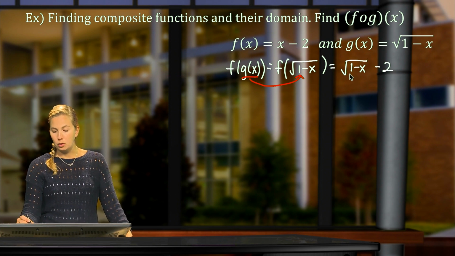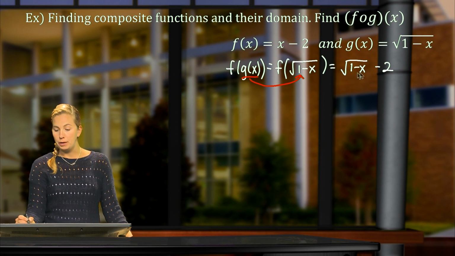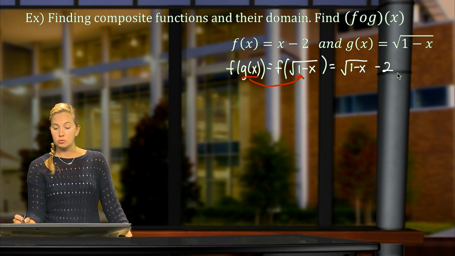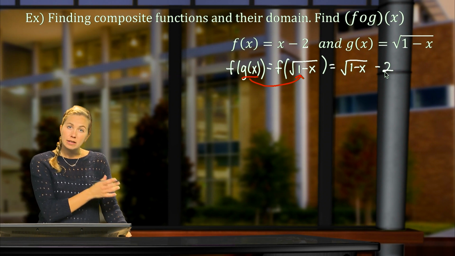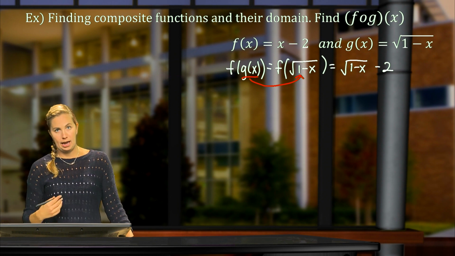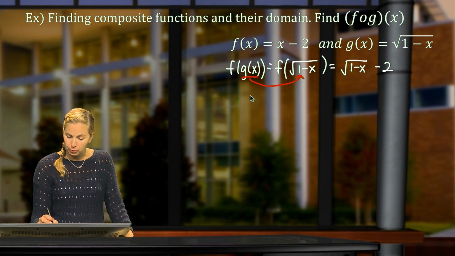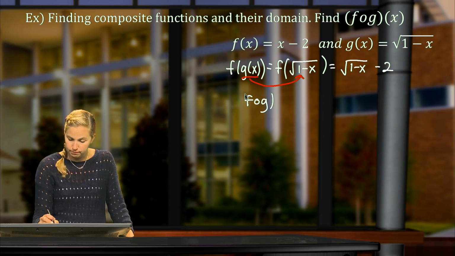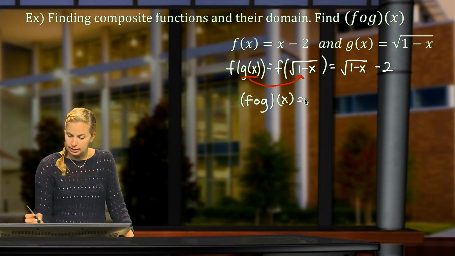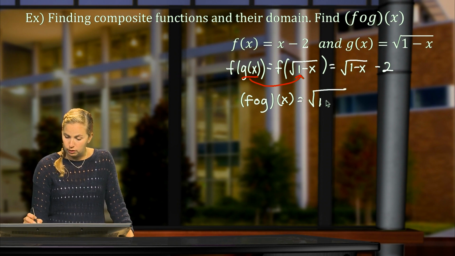Can we combine the 1 here and this negative 2? The answer is no, because that 1 is underneath the radical. The negative 2 is not. Make sure you don't bring anything under the radical that's not supposed to be there, and you can't take anything out unless you're factoring out a perfect square.